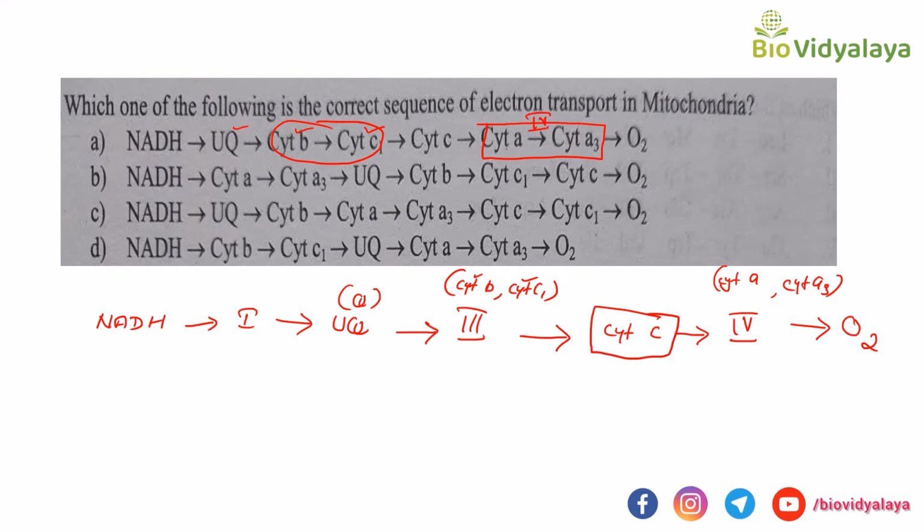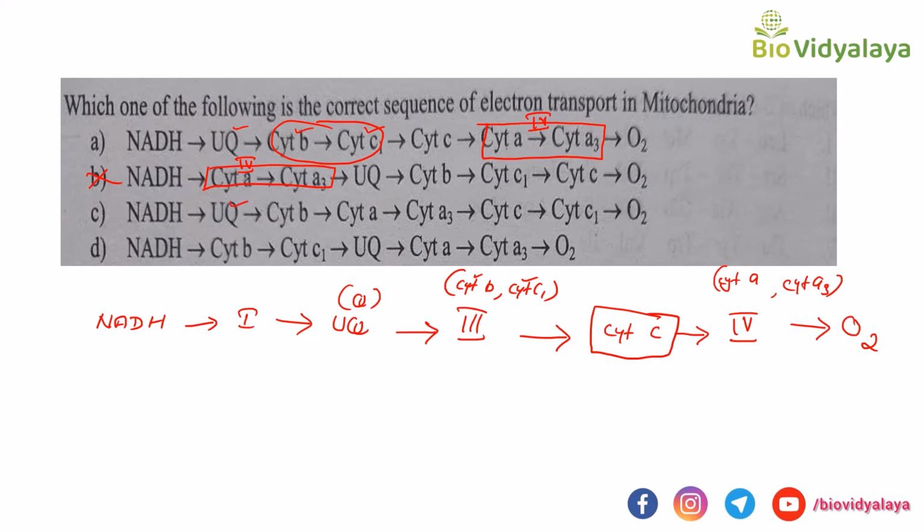Next option B, NADH. Here also complex 1 is not given, no problem. Then cytochrome A, cytochrome A3. This is complex 4 only. So option B is incorrect. Option C, NADH. Next ubiquinone, this is correct.